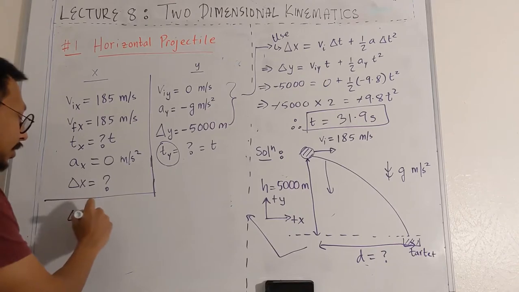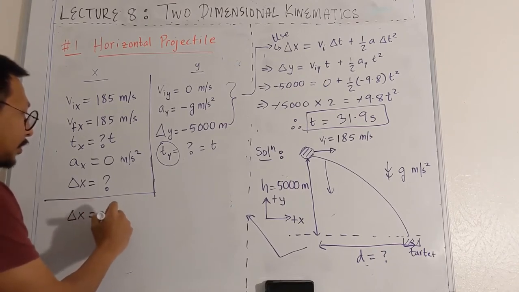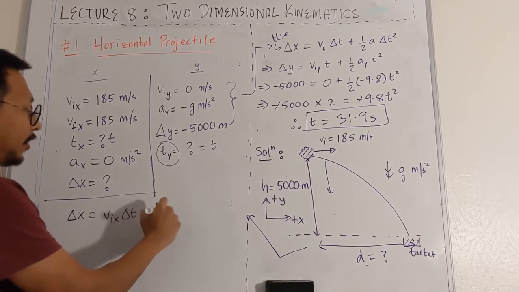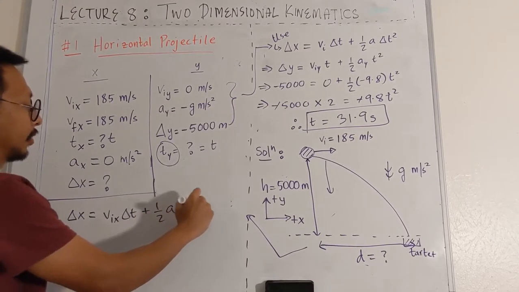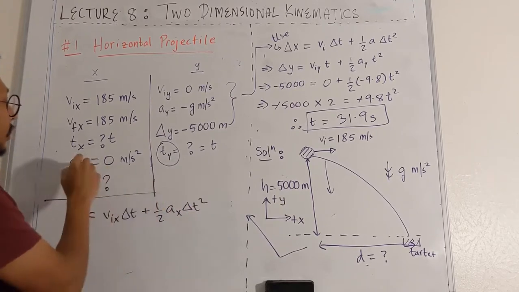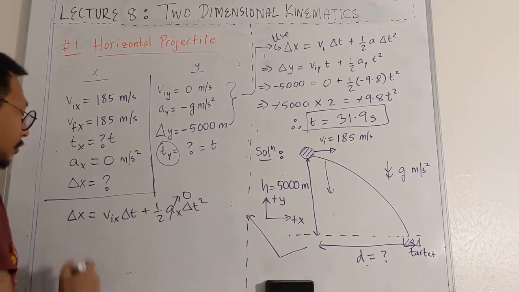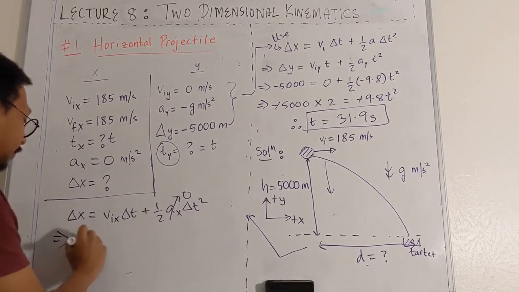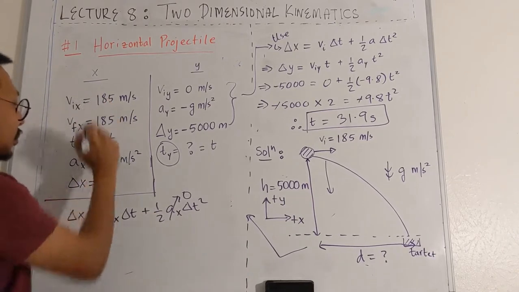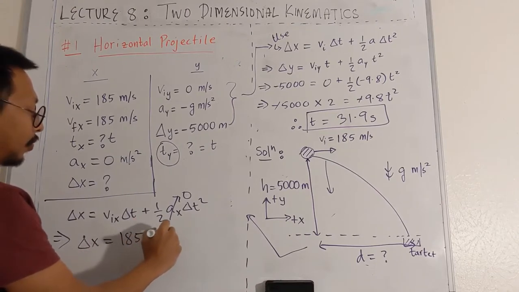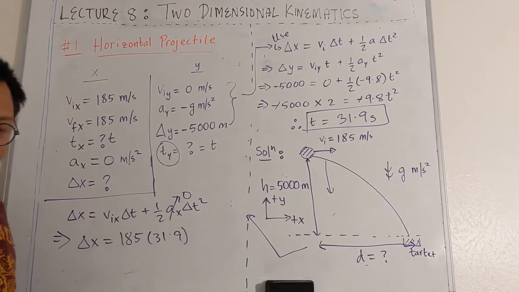So delta x is equal to vix times delta t plus 1/2 ax delta t squared. Now ax is 0, acceleration in the x direction, so this term goes to 0, and delta x becomes vix, which was 185, times delta t, which is 31.9.